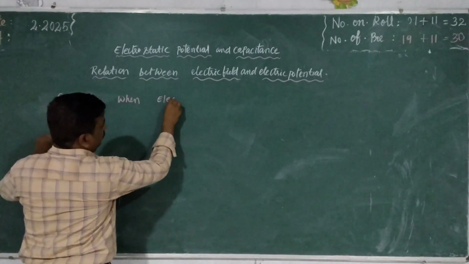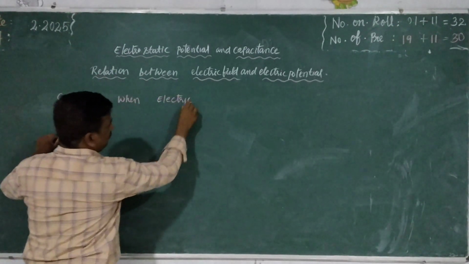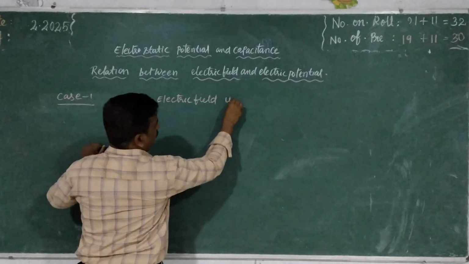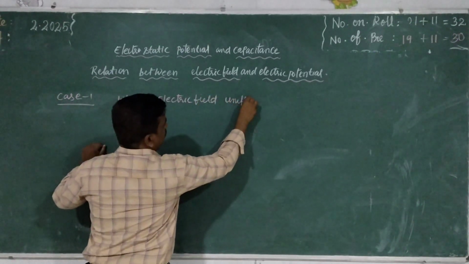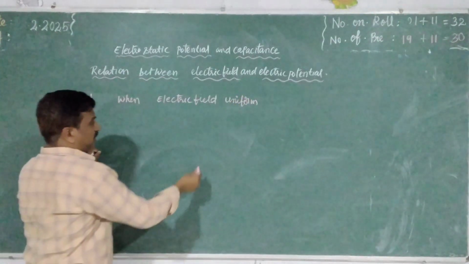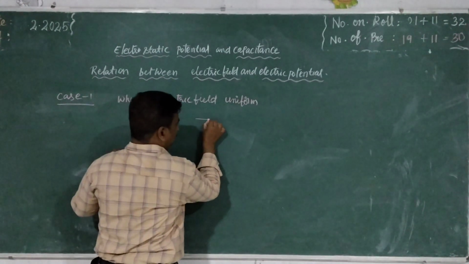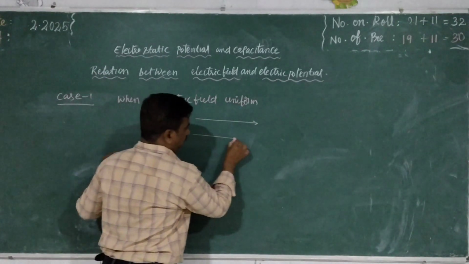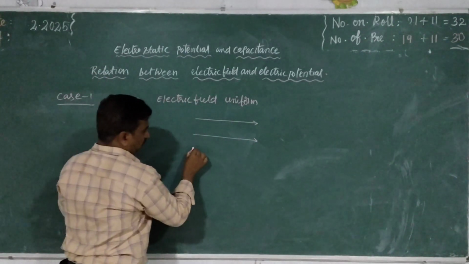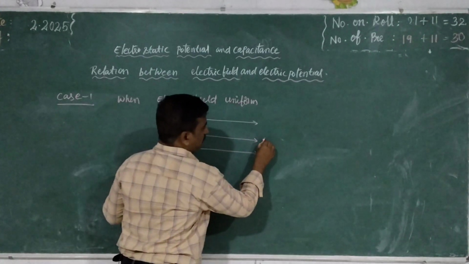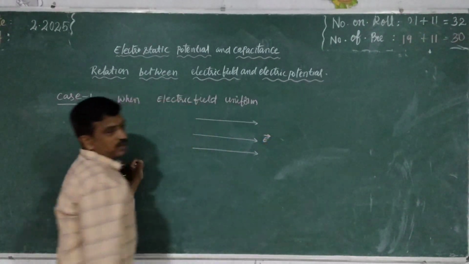In this case, what is the relation? Uniform electric field means electric field lines are straight, parallel to each other and equispaced. That electric field we call uniform electric field.